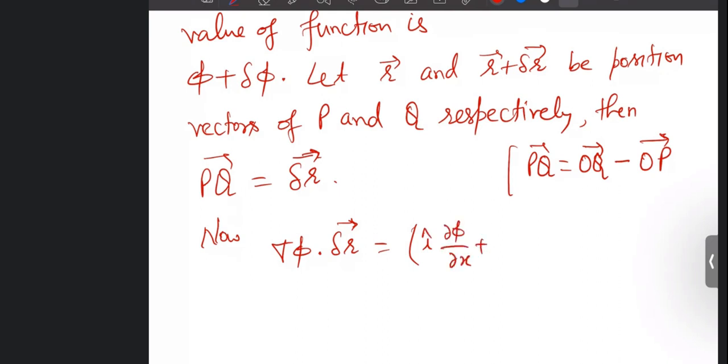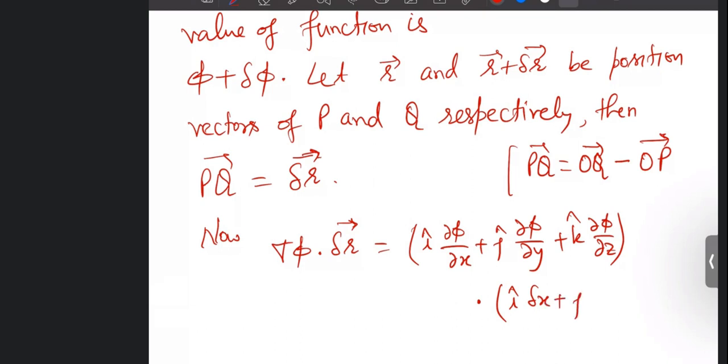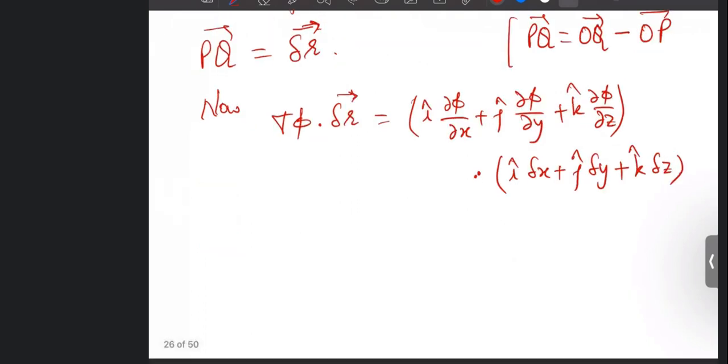The value of del phi dotted with the value of delta r, that is i delta x plus j delta y plus k delta z. This is the value for delta r. Find the dot product of these two.